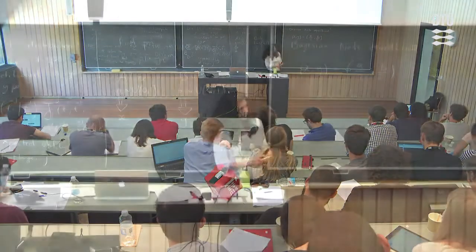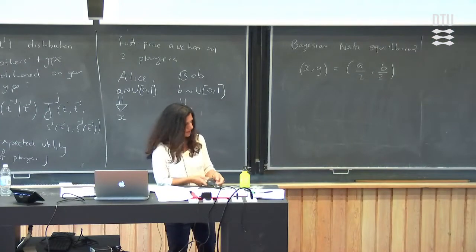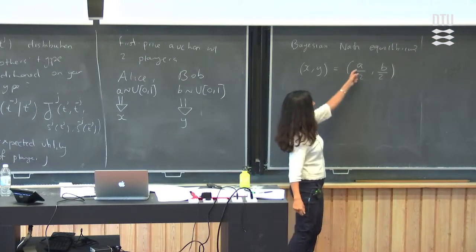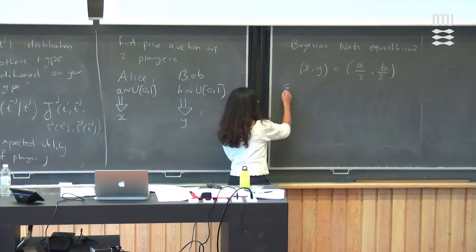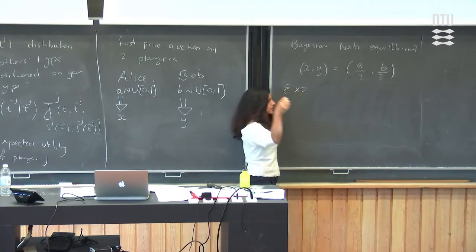So you bid A over 2 and you bid B over 2. This is a strategy because it's a map from your type to an action. What you can then look at is the expected revenue, which brings me to your question.